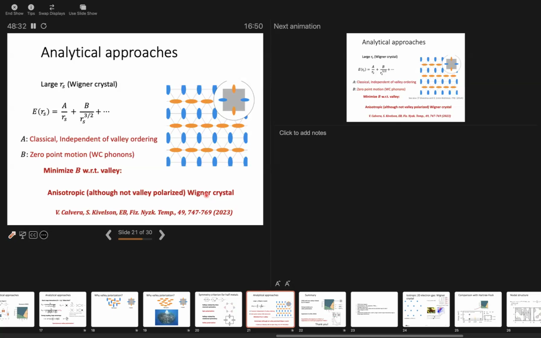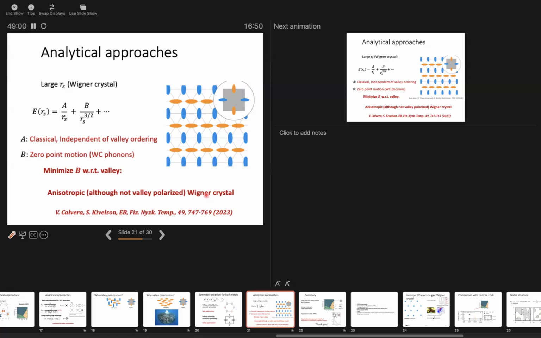This is where a transition from the crystal happens eventually to liquid. So long before the crystal melts, it changes its lattice, and transitions to a liquid that appears to be valley polarized.